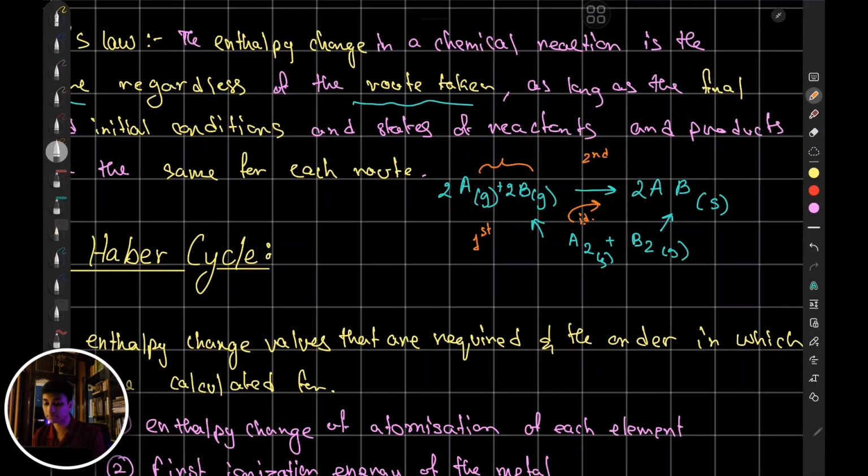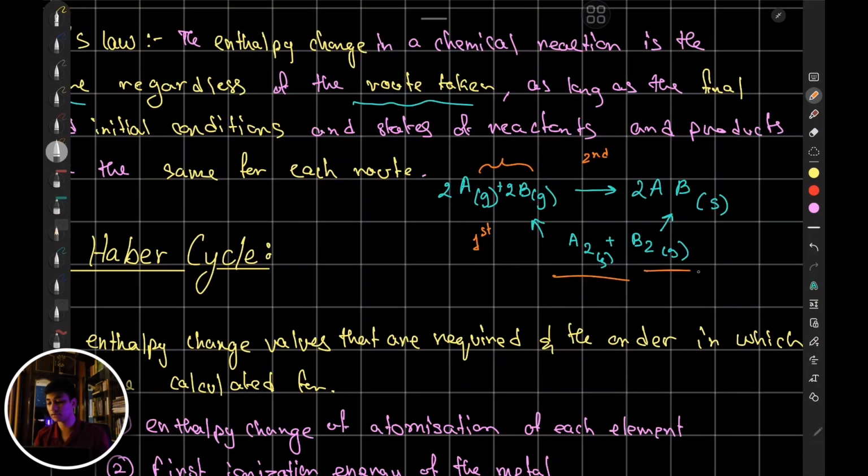What is the second possible case? It could be directly from A2 molecule and B2 molecule to AB product, which is solid. So this is the direct route. Now remember, in both of these direct and indirect approaches, you're starting off with what?